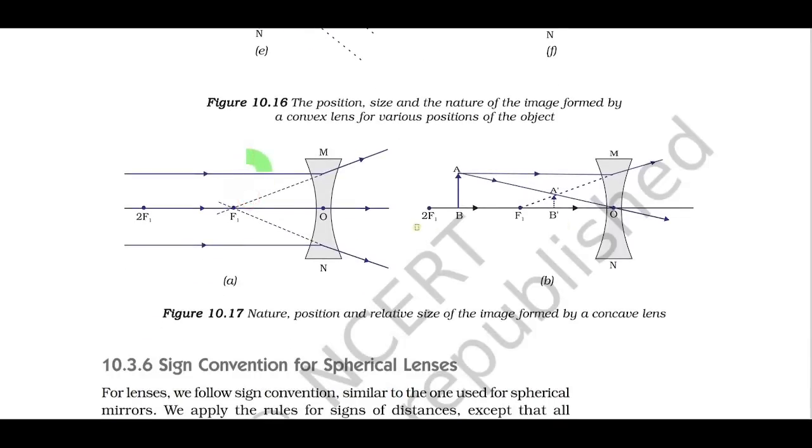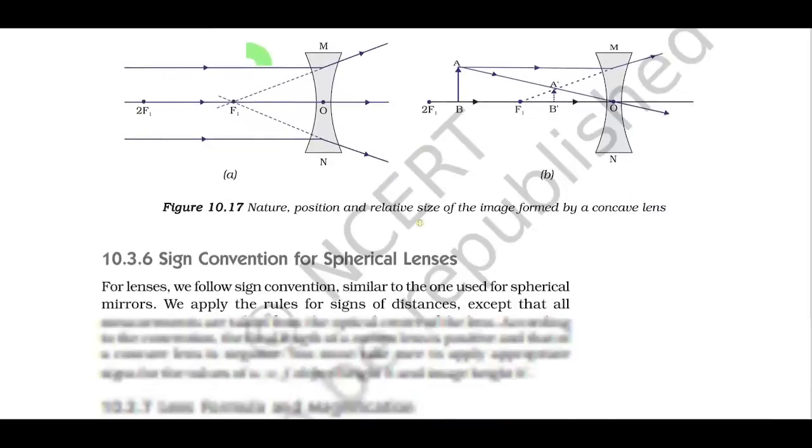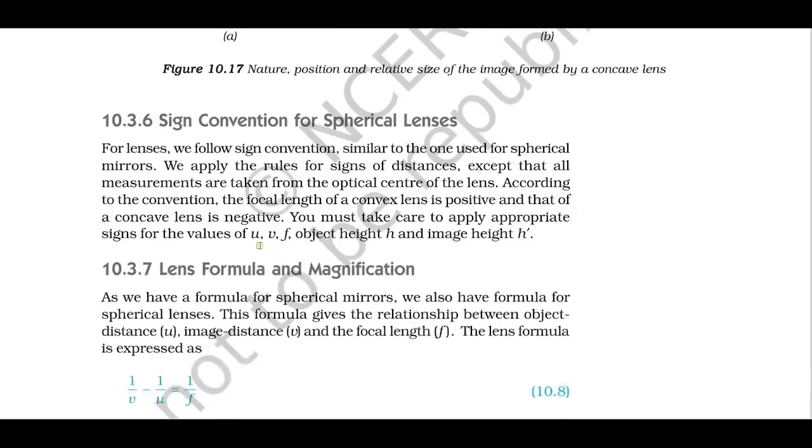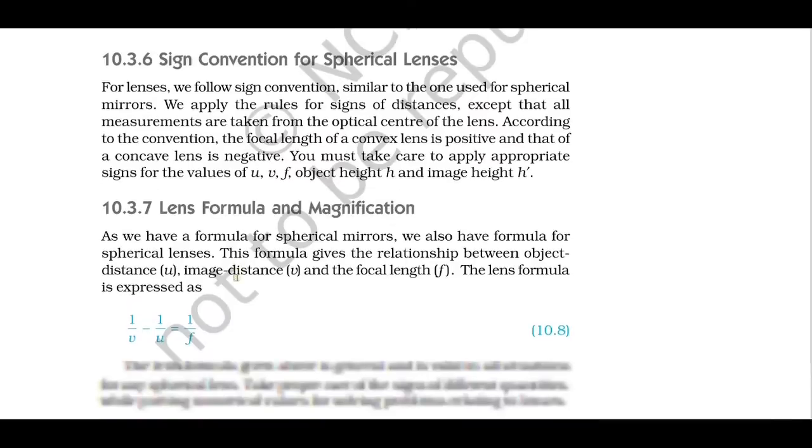In the same way, you can check the ray diagram for a concave lens. In case of a concave lens, the nature of the image is always virtual and erect. It is diminished. So again the sign convention remains the same in case of spherical lenses also.